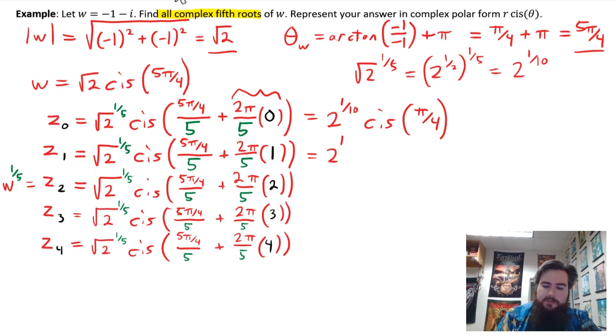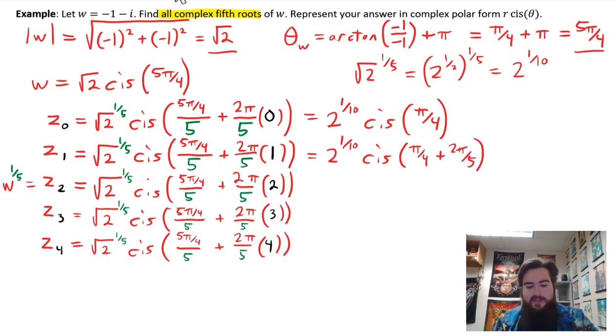The second solution will be 2 to the 1/10 power, cis of, again, pi fourths plus 2 pi fifths. I can simplify that even further as 2 to the 1/10 cis of pi fourths plus 2 pi fifths.